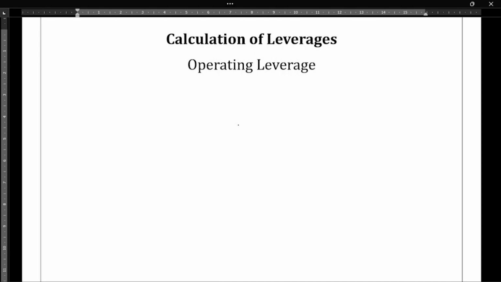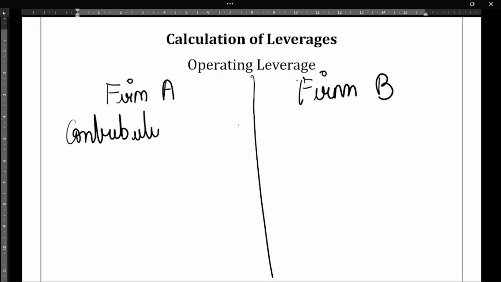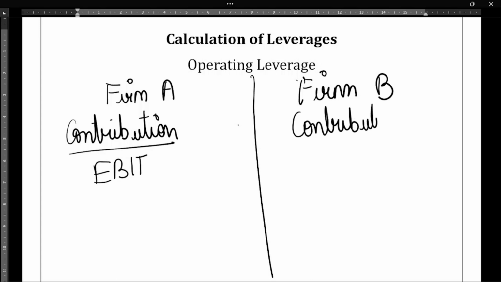To calculate operating leverage, the formula is contribution divided by EBIT. The operating leverage formula is contribution divided by EBIT.